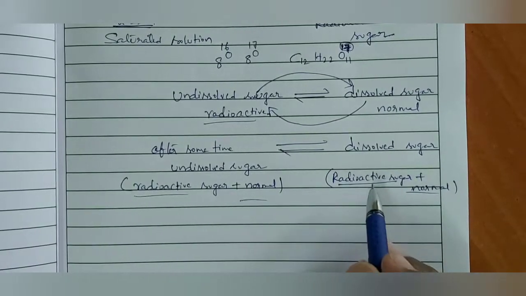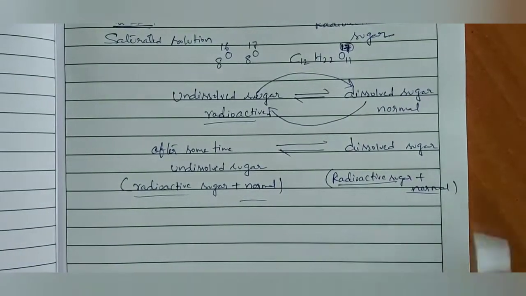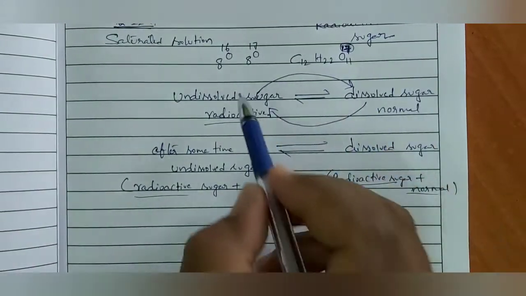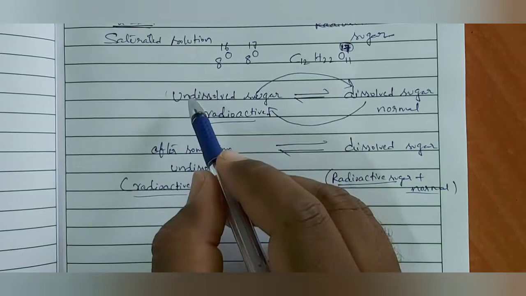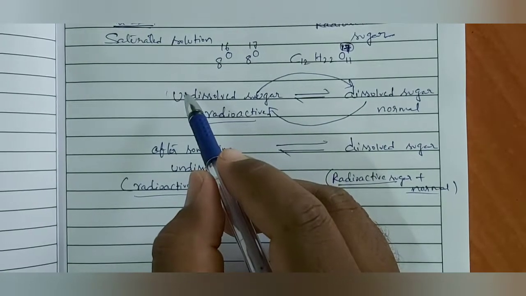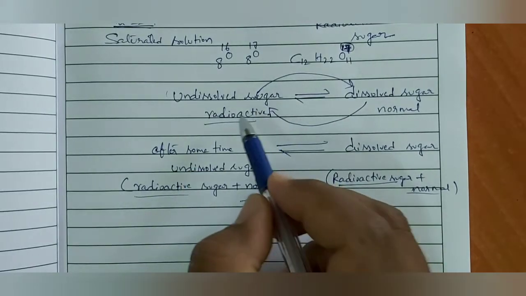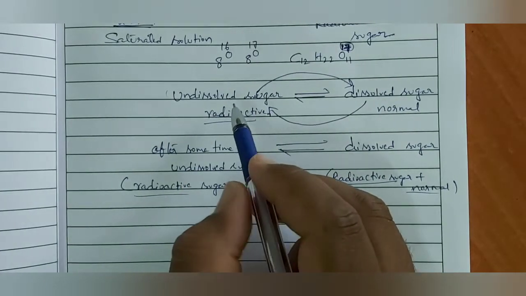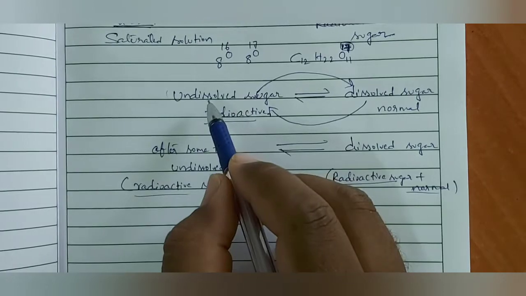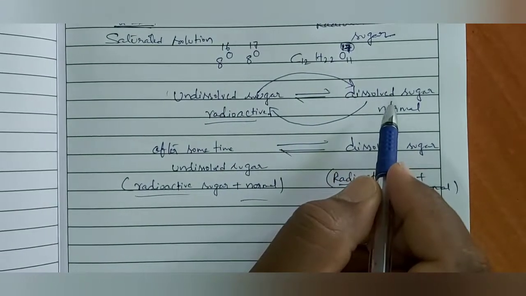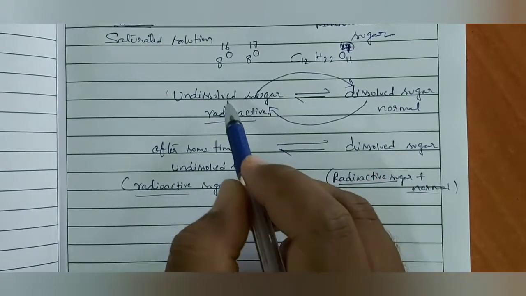It is not static. If it were static, even after some time, the entire dissolved sugar must be normal only and undissolved sugar must be radioactive only. But it is not static, it is dynamic equilibrium. That's why, suppose let us consider 100 particles of undissolved sugar are converted to dissolved sugar. Same way, 100 particles from dissolved sugar are converted to undissolved sugar.